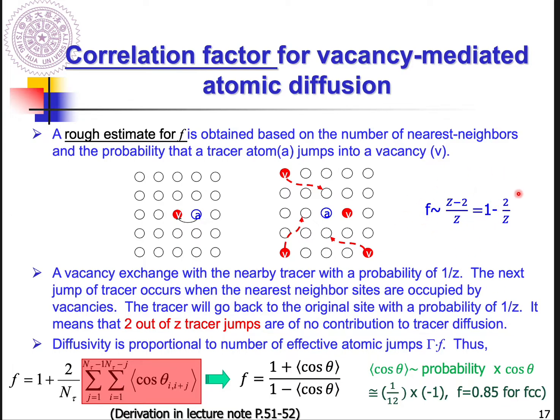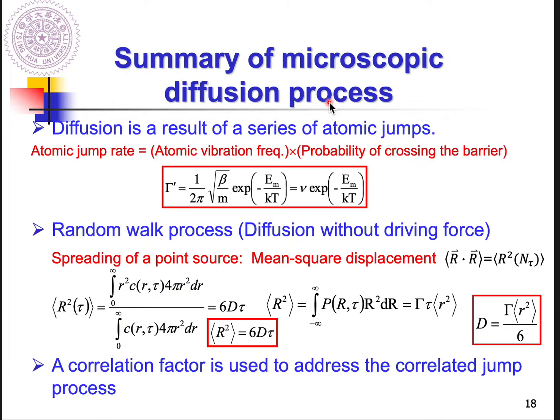But if you use the rough estimate, you will get 0.83. So it's similar. Whether you use this rough estimation or the definition of the correlation factor, you can finally get F for vacancy-mediated atomic diffusion.